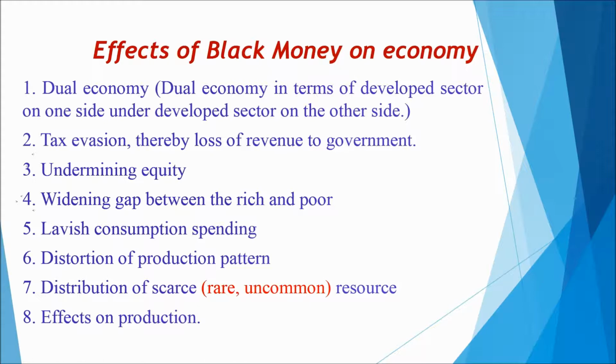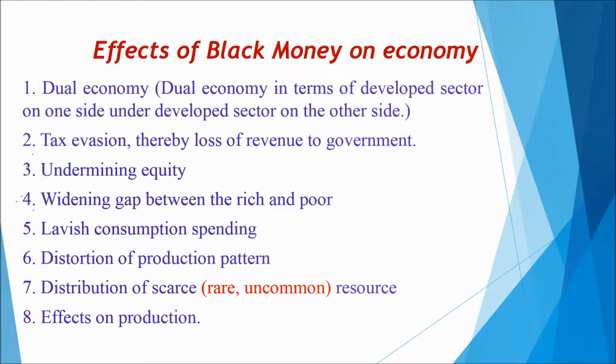Next one is widening gap between the rich and poor. Next, lavish consumption spending. Here, lavish means very luxurious or very rich spending. The next one is distortion of production pattern. So, because of the black money, there will be a slight distortion in the production sectors.